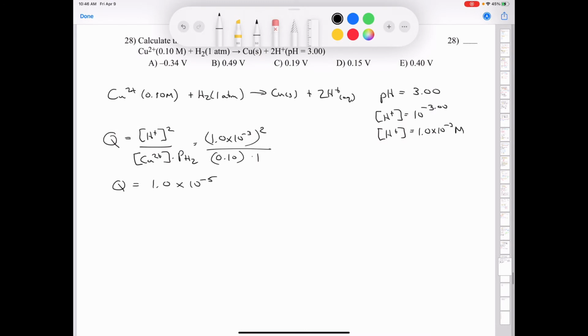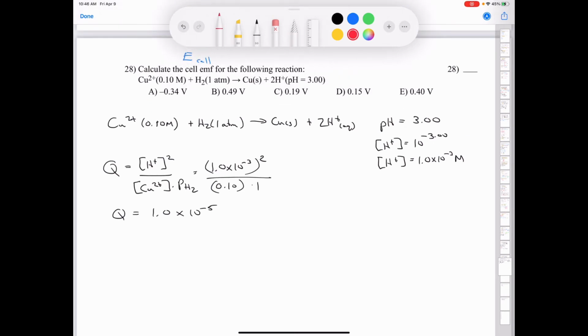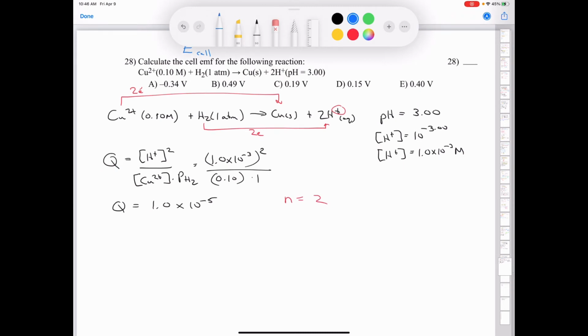Now, how many electrons are being transferred in this process? Well, as I go from copper 2+ to copper, I have to gain 2 electrons. And as I go from H2 to 2H+, since I have 2 positive charges, I had to lose 2 electrons. So I know that my n is equal to 2. Now I need to find my E naught cell.